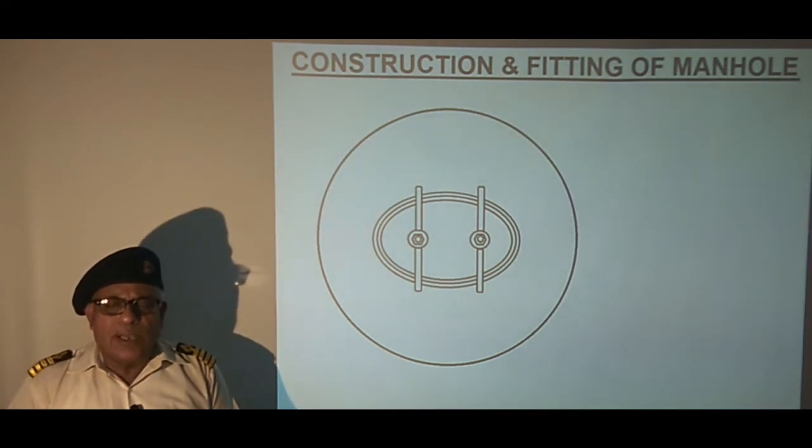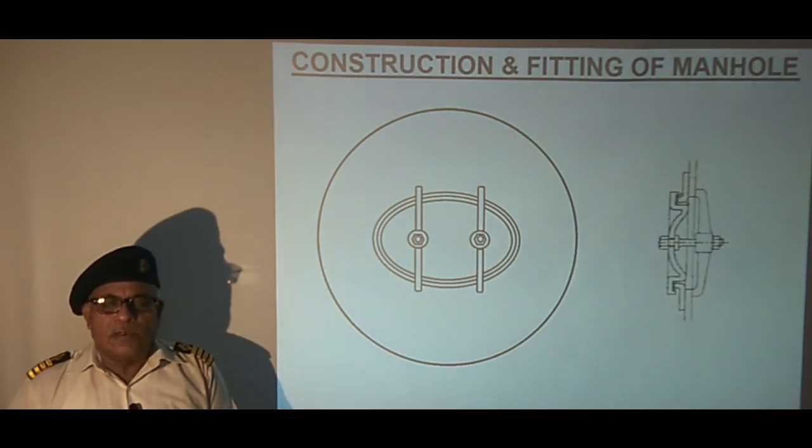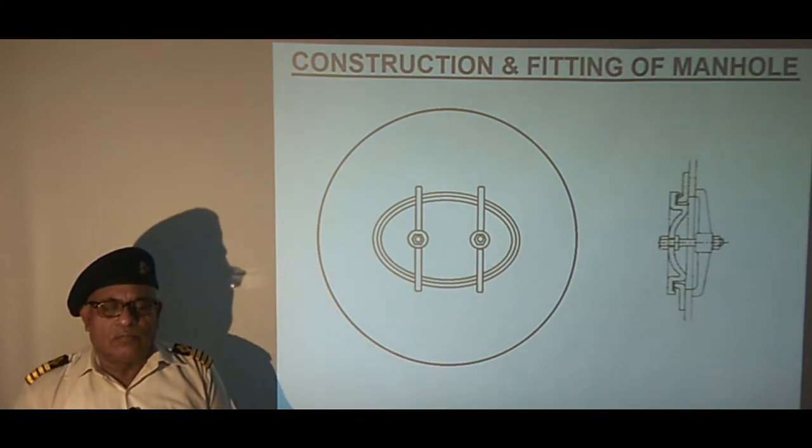This sketch shows a manhole cover fitted on the water tube boiler, which is its usual location. Section through the manhole is shown in the side view. Let us see the construction and fitting of the manhole cover.